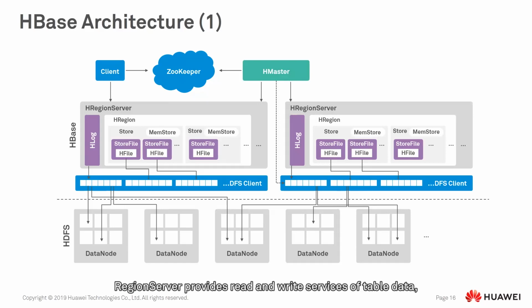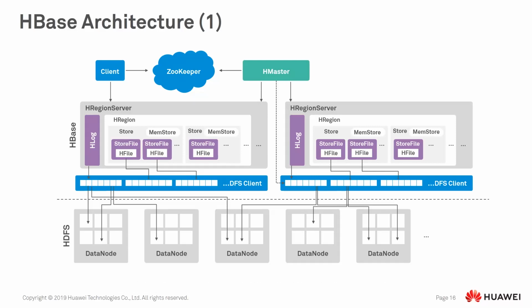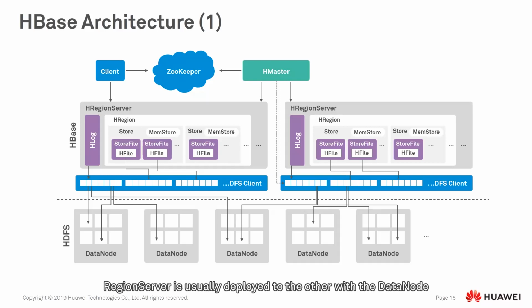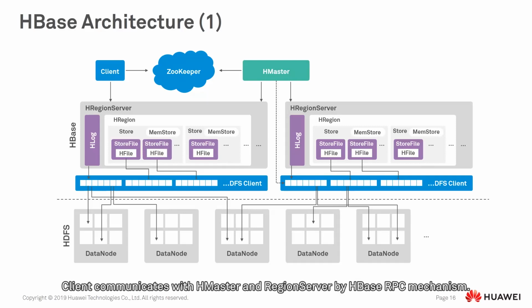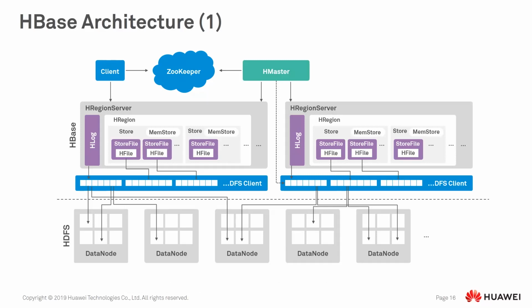Region server provides read and write services of table data as a data processing and computing unit in HBase. Region server is usually deployed together with the data node of the HDFS cluster to perform data storage. Client communicates with HMaster and region server by HBase RPC mechanism. The client communicates with HMaster for management and communicates with region server for data operation.